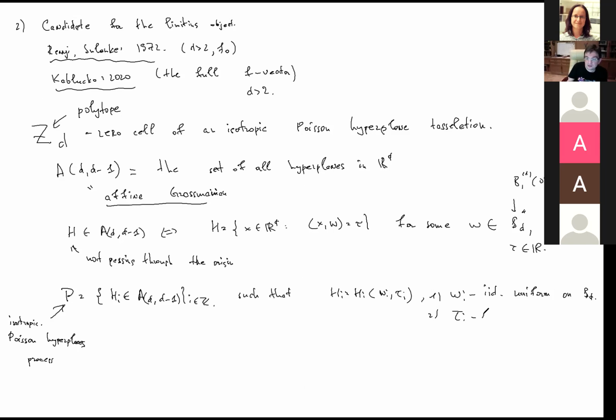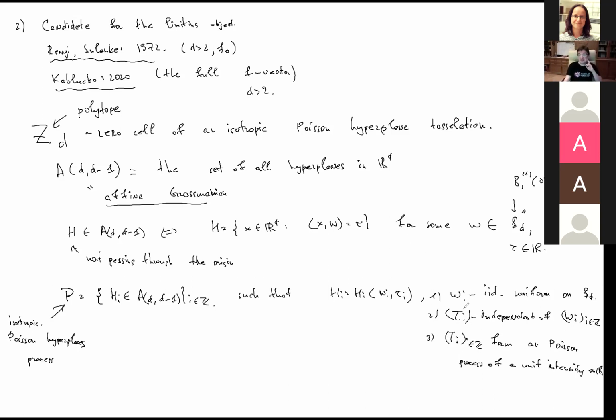Tau_i are also independent of these directions, and tau_i form a Poisson process of unit intensity, a homogeneous Poisson point process of unit intensity on R. So this is just the arrival epochs of a homogeneous rate one Poisson point process.